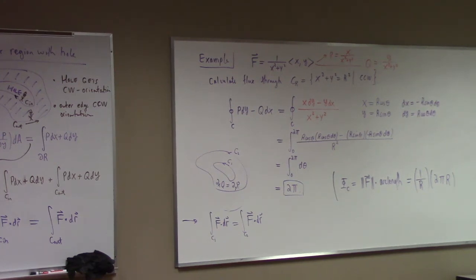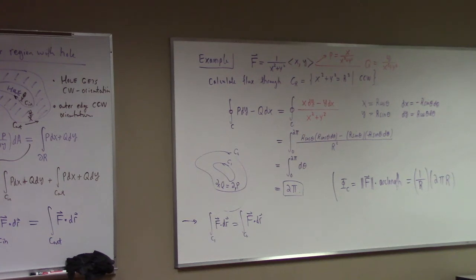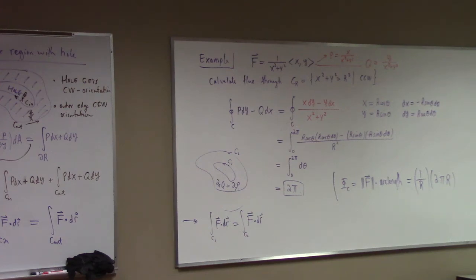However, you could prove that if you look at any shape like this, C1, here's my CR, the integral around C1 of f dot dr is equal to 2 pi for any curve which encircles the origin. It could even look like this.